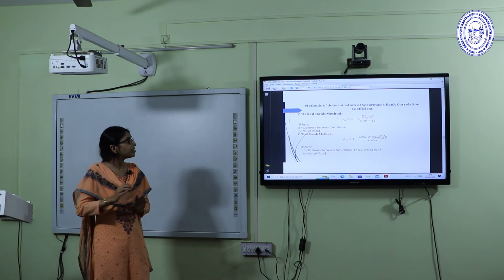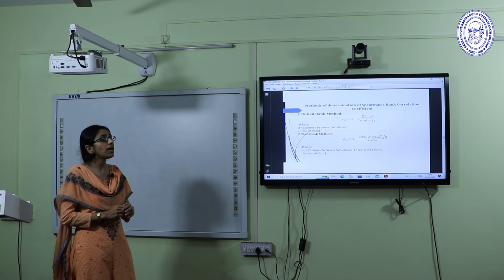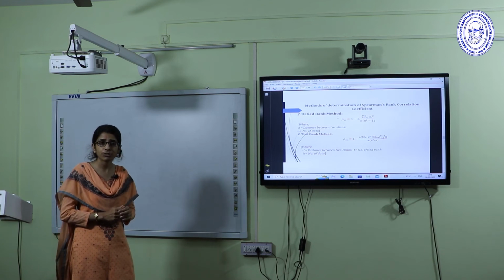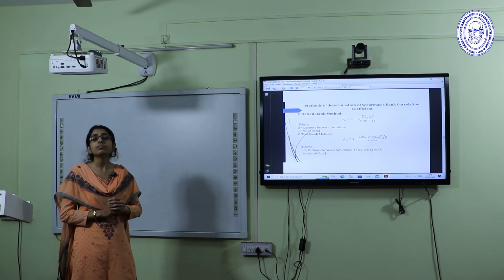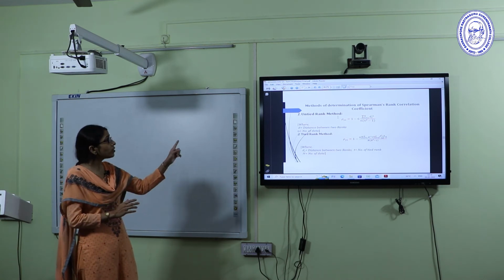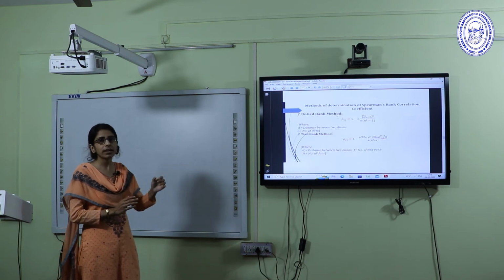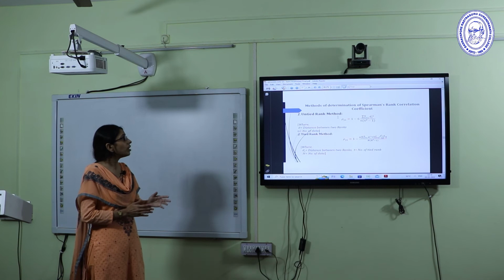Then the next issue is how we can determine the Spearman's rank correlation coefficient. We can determine it through two different methods. The first one is the untied rank method and the second one is the tied rank method, that is pair.